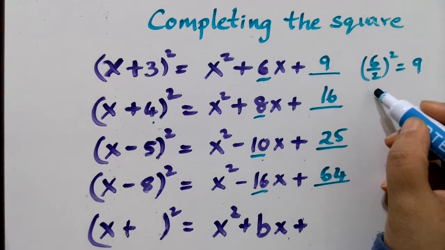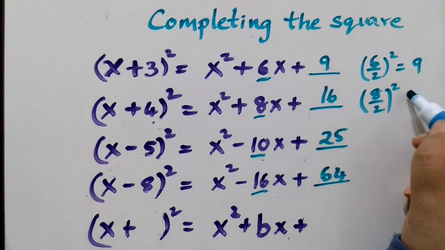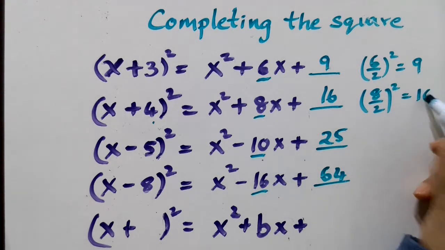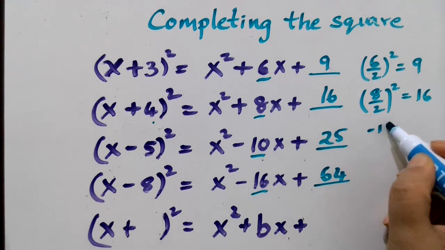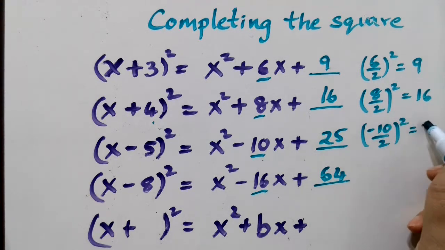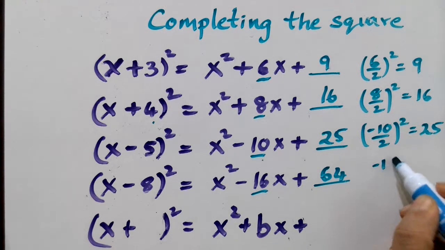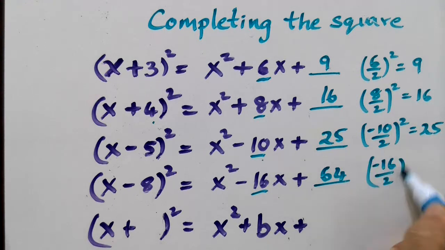If I take 8, divide by 2 and square it, I get 16. Negative 10 divided by 2, squared, is 25. Negative 16 divided by 2, squared, is 64.